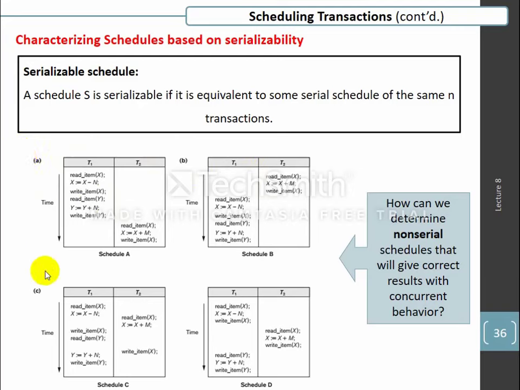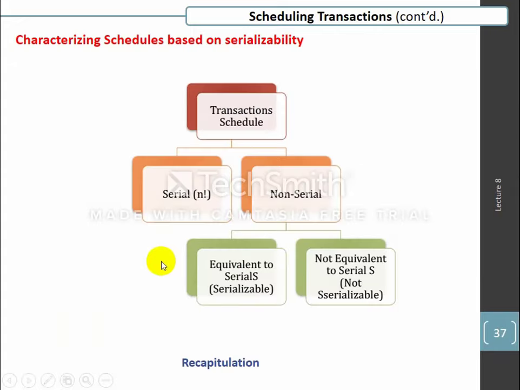But in case C, things are different because the schedule isn't serializable. So we have a condition now, because it is not serializable, and it's explained here. Now, for transaction schedules, we have two types. The first is serial, and the second is non-serial.